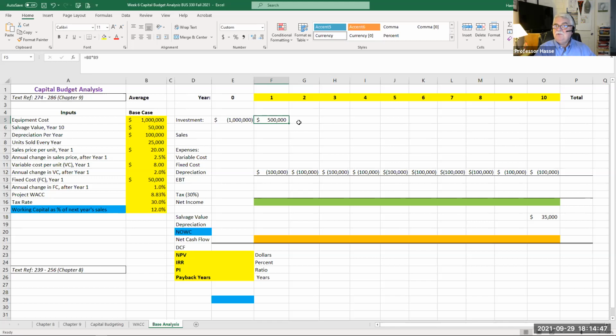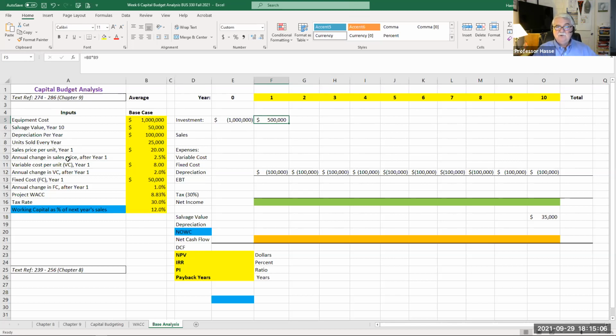That's our first year revenue, 25,000 units at $20 a piece. Also, we know that this is going to be the same every year. We're going to sell 25,000 units every year through 10 years at $20 a unit.